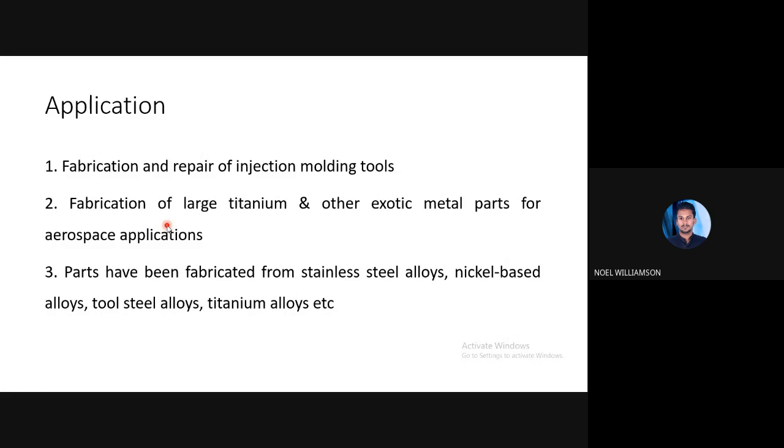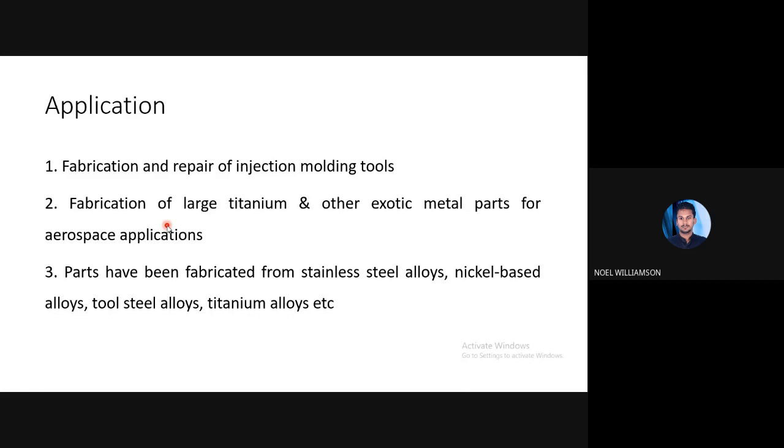Next is the fabrication of large titanium and other exotic metal parts for aerospace applications. For aerospace applications, we usually use many metal parts which are exotic in nature, like titanium. In order to machine those, we use laser engineered net shaping.